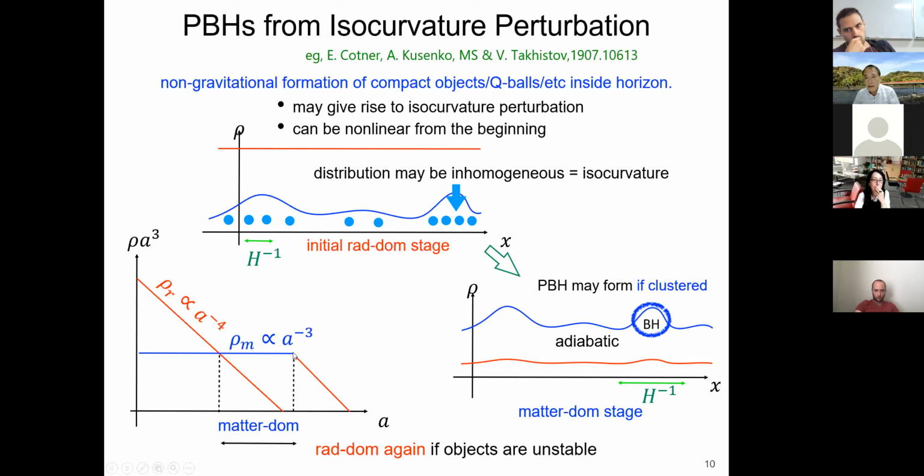Of course, you cannot have this matter dominance until today, so they must decay away. So the assumption is that all these objects which are formed would be metastable and eventually decay out. But this scenario is interesting because now even the isocurvature perturbation can generate these primordial black holes.